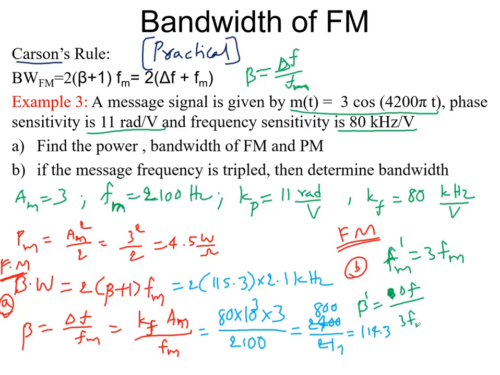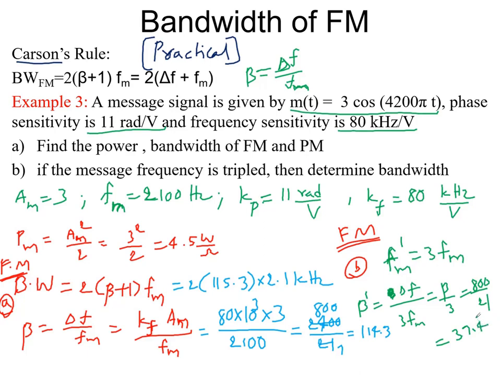That becomes 3 times, means beta dash is becoming beta by 3, which may be 114.3 by 3. 3 4s are 12, 3 3s are 9, then 21, then 3 7s are 21, so it is roughly 38.1, 3 4s are roughly 12, okay, 38.4.